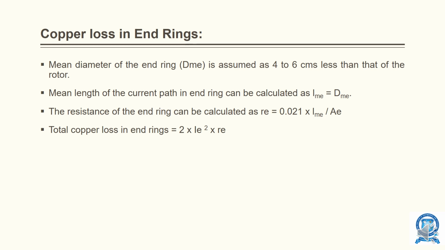The resistance of end ring can be calculated as RE, which is equal to 0.021 into lme divided by AE, where lme is the mean current path and AE represents the cross-sectional area of end ring. Total copper losses in end rings are, we have 2 end rings, so 2 times IE square into RE.